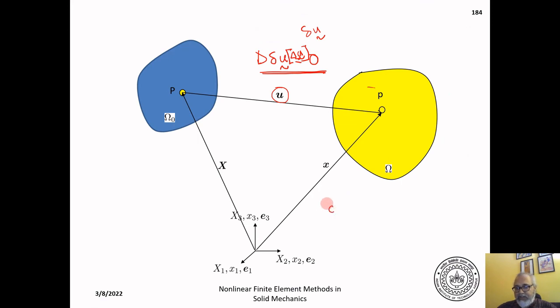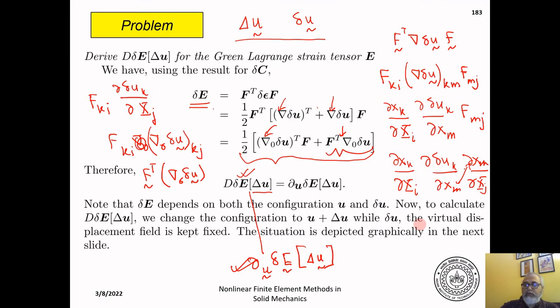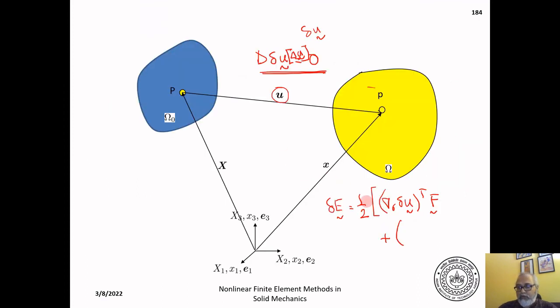This is delta E, which is half of this; we have derived this.